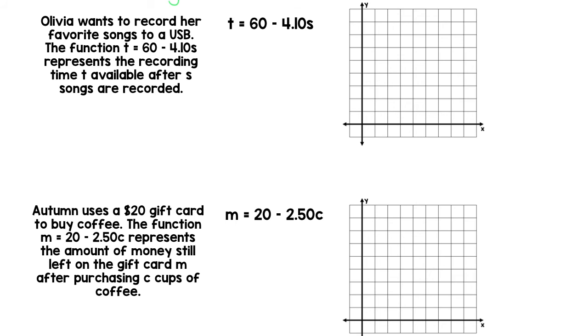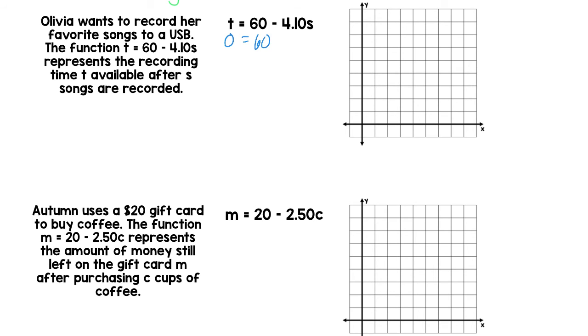Olivia wants to record her favorite songs to USB. The function t equals 60 minus 4.10s represents the recording time t available after s songs are recorded. Again, we make our y variable, which here is all alone, t, 0.